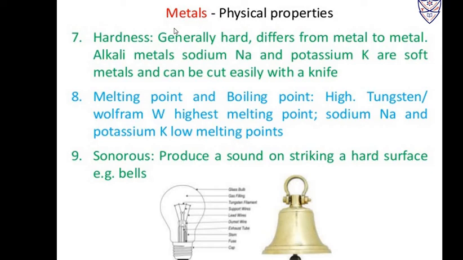Next property of metals is hardness. Generally, hardness differs from metal to metal. Alkali metals like sodium are soft metals and can be cut easily with a knife. Remember that sodium and potassium are highly reactive when they come in contact with oxygen, so they should be kept under kerosene oil, and that is a chemical property.